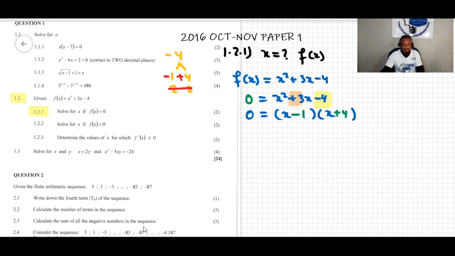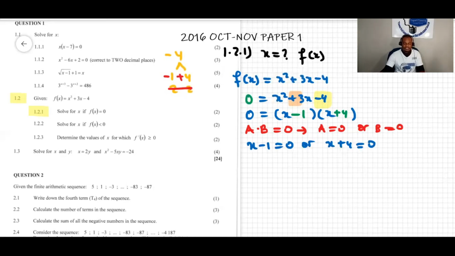So therefore, applying this property that says if a times b is equal to 0, this implies that a equal to 0 or b equal to 0, we will say x minus 1 equal to 0 or x plus 4 equal to 0. Okay, this means that x is equal to 1 or x equal to -4. So these are the values of x.